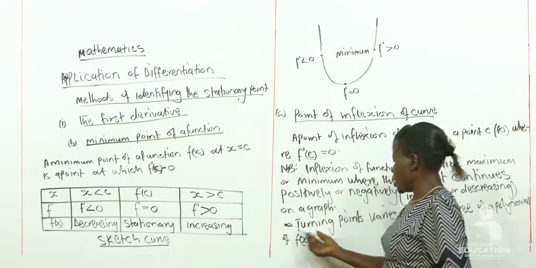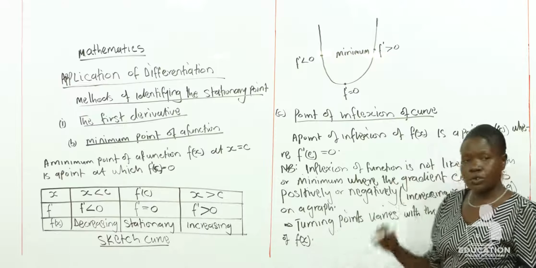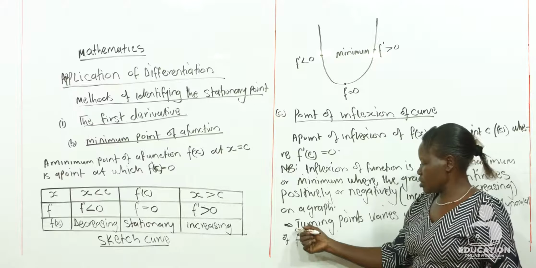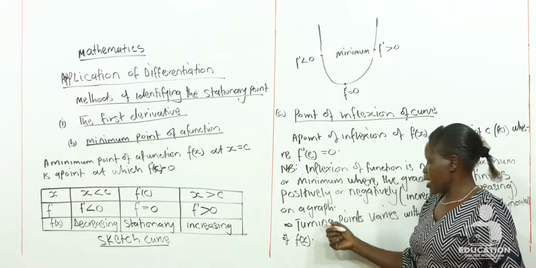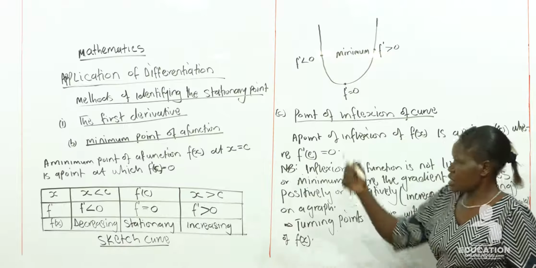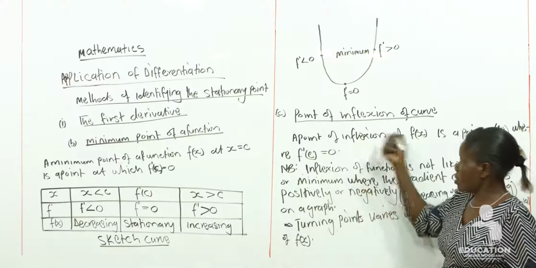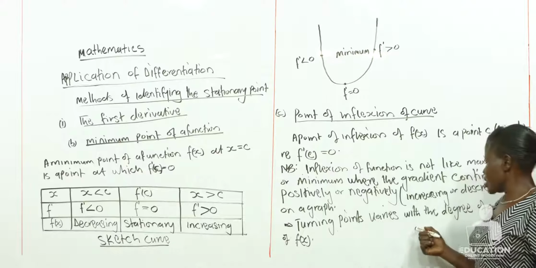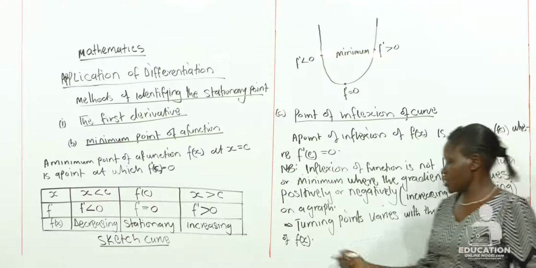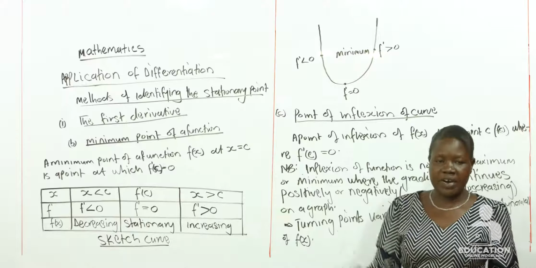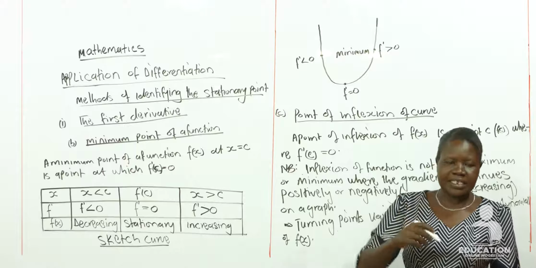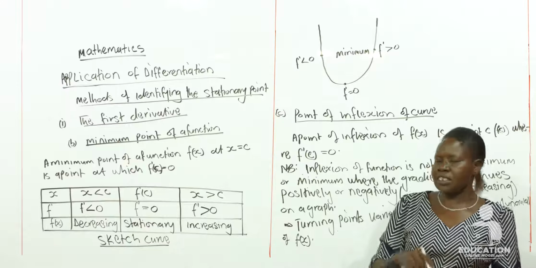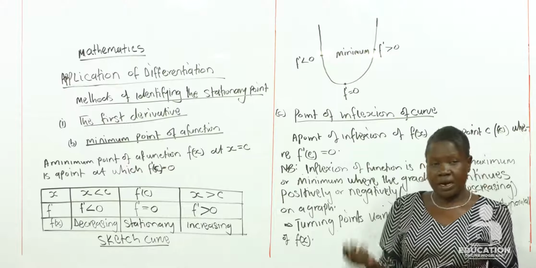And then in this part, when you are entering into calculation, you need to take note that any turning point, whether a maximum, a minimum, or a point of inflection, depends on the degree of the polynomial in x, which keeps on varying. You may find x is raised to 2 or to any power.